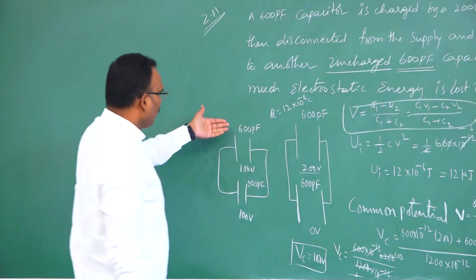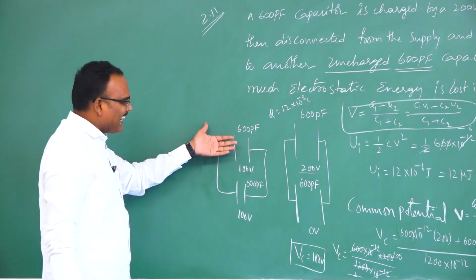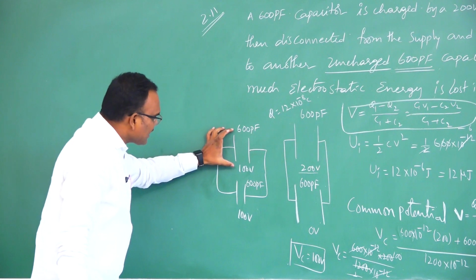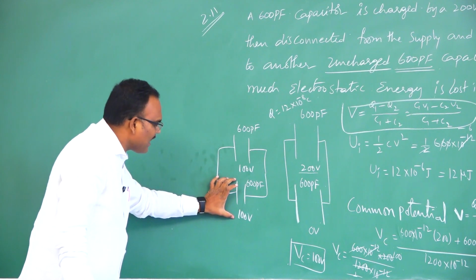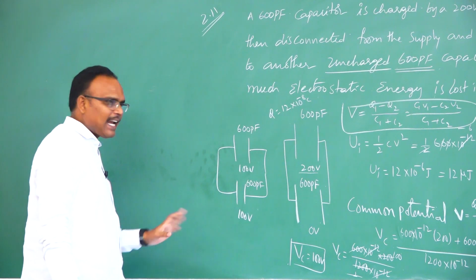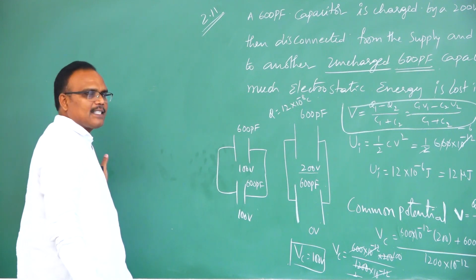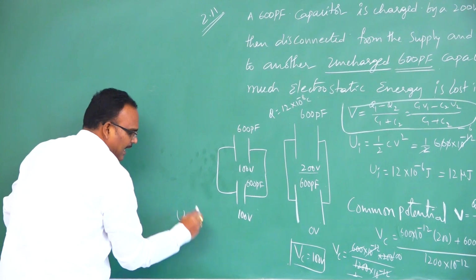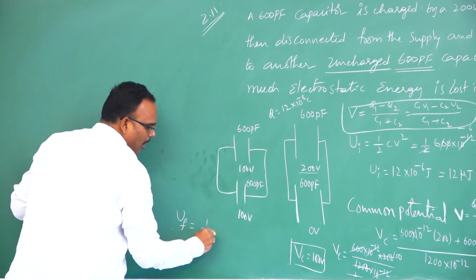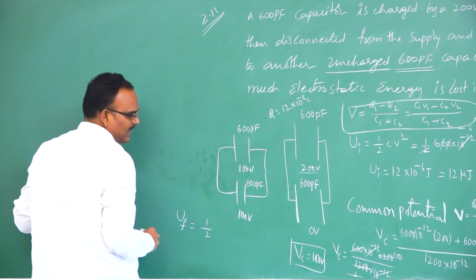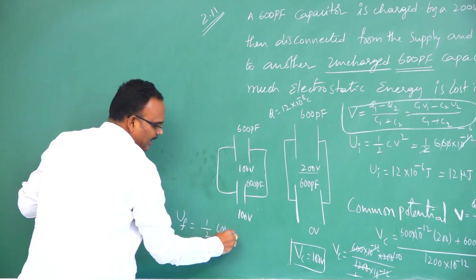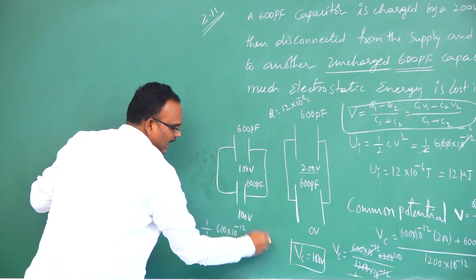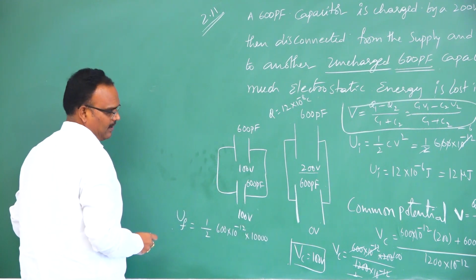Okay. So now I will calculate the final energy of these capacitors. Final energy of this capacitor and final energy of this capacitor I'll calculate and I'll add, because energy is a scalar quantity. So final energy is half CV square for this, that is 600 into 10 to the power of minus 12 into 100 into 100.